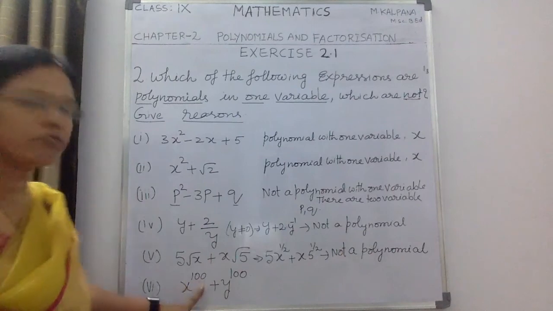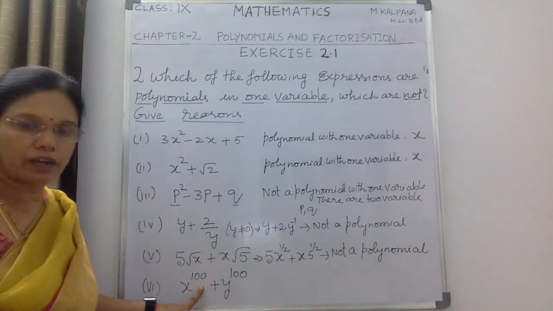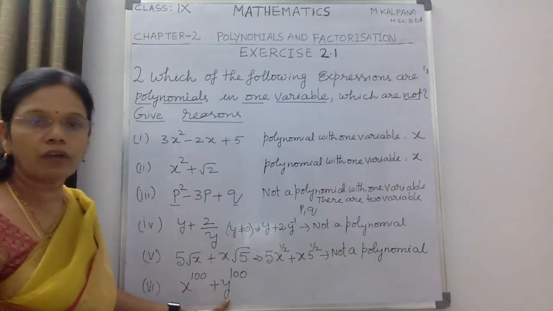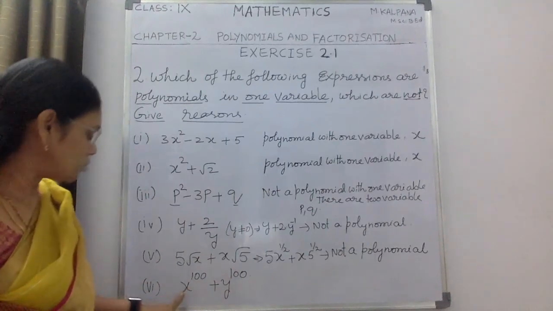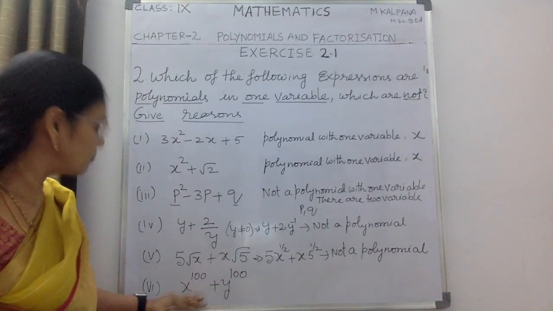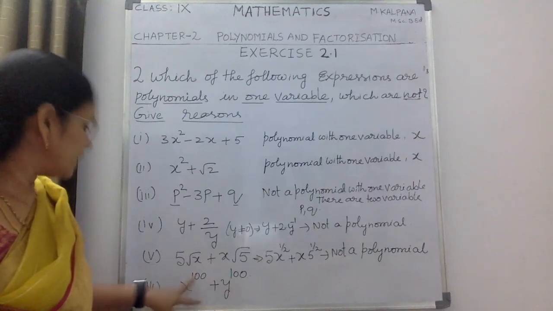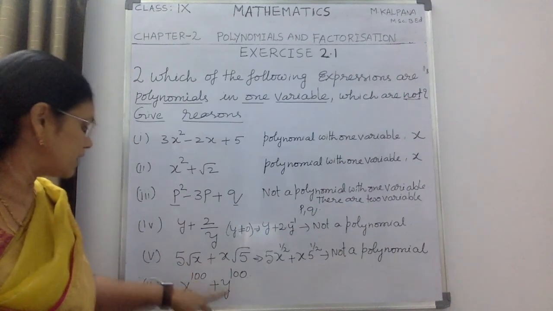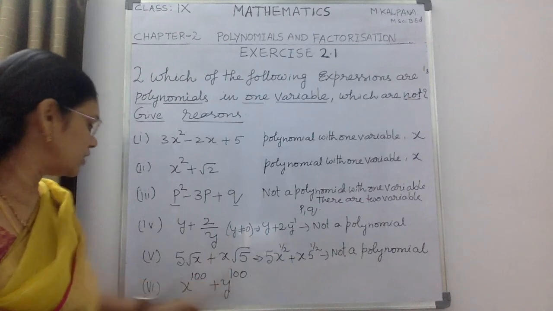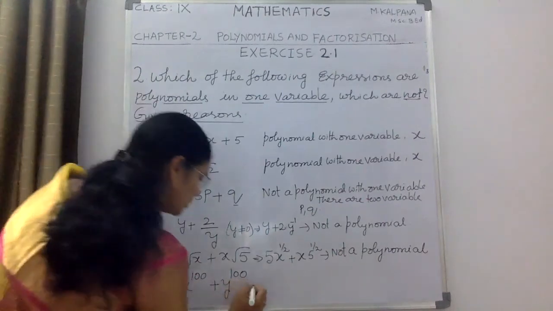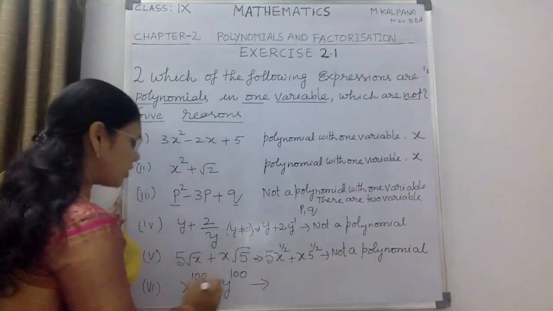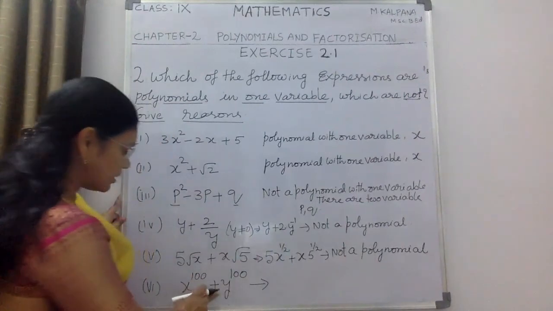Now go to the next question. x to the power of 100 plus y to the power of 100. Here there are two variables. This is a polynomial because x is containing a non-negative integral power, and y is also containing a non-negative integral power. So this is a polynomial with how many variables? Two variables.